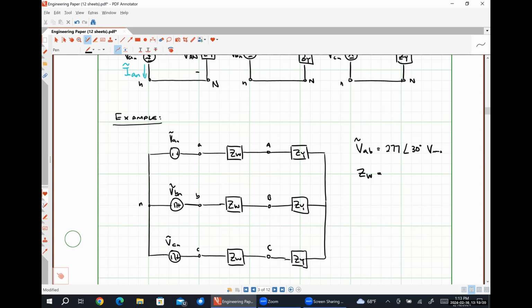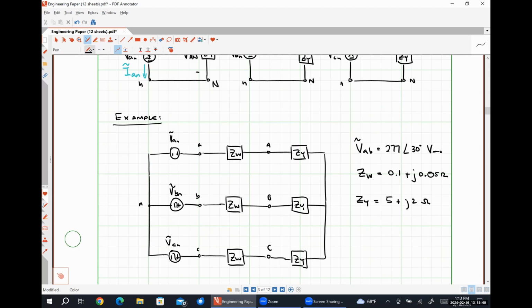Let's say that ZW is 0.1 plus j0.05 ohms, and ZY is 5 plus j2 ohms.